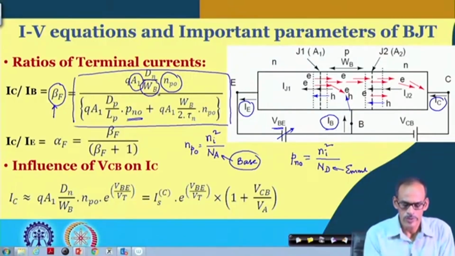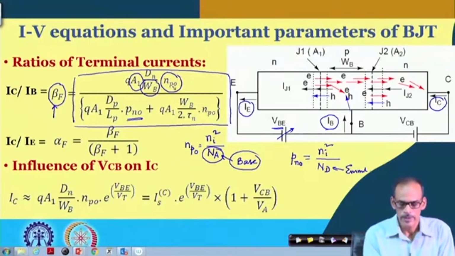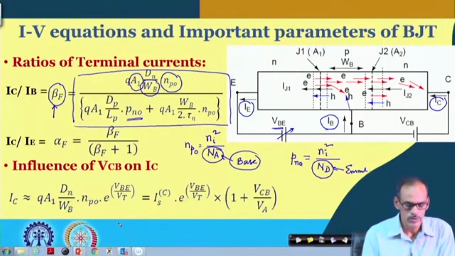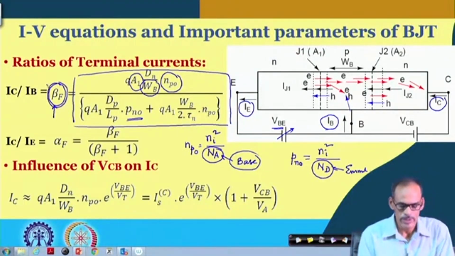One is the base width, and another is the doping concentration in the base region, and also the doping concentration in the emitter region. Those are the detailed parameters related to the device. As a circuit designer, if the device is given to us, we will be looking for a decent value of this beta F, the forward direction current gain.